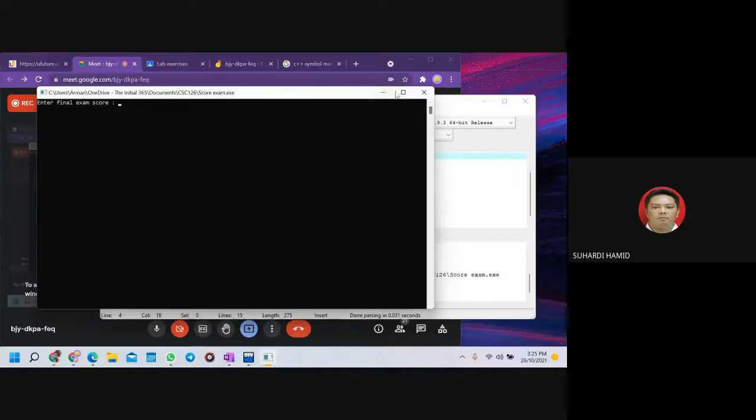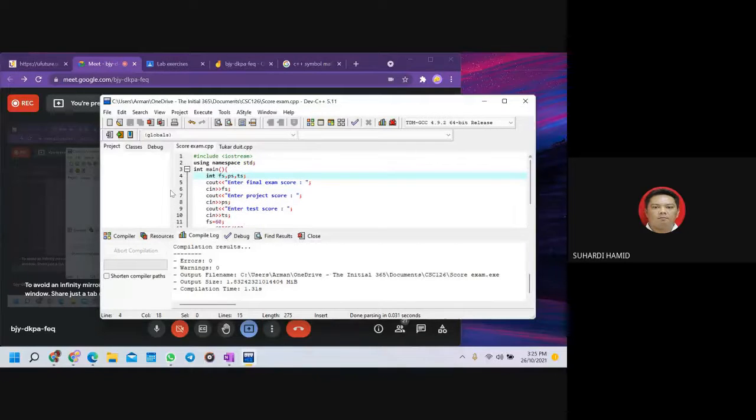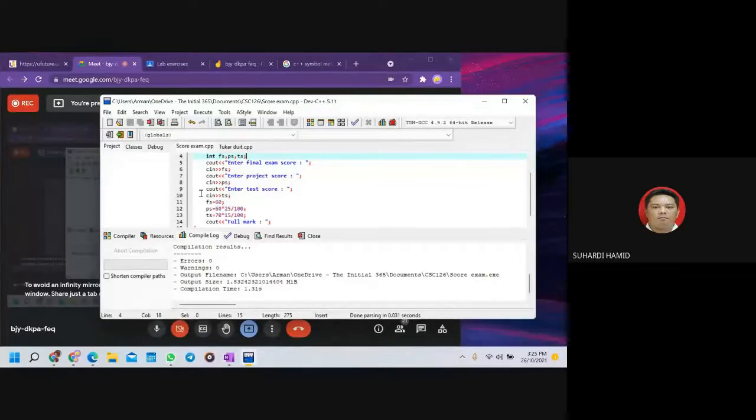Put any value, you will still get 100%, supposedly. What type of error is this? Logic error. Okay, if you want, we'll try to find some other answers first. Later, we'll compare that to you. Is it all right? Okay.